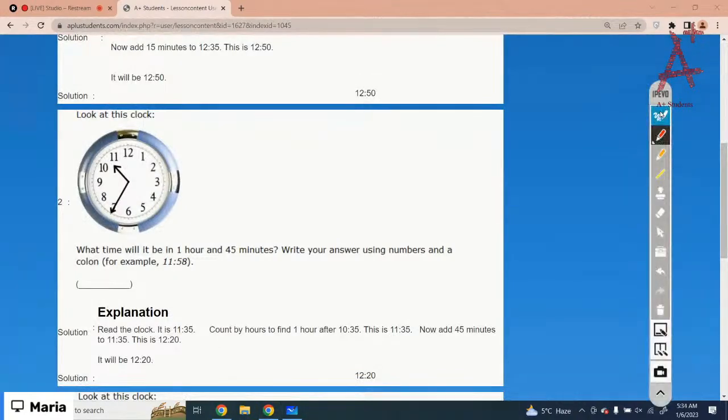Look at the clock. What time will it be in 1 hour 45 minutes? Okay, the clock shows 10:35. Got it? You have to add 1 hour 45 minutes. So just add.